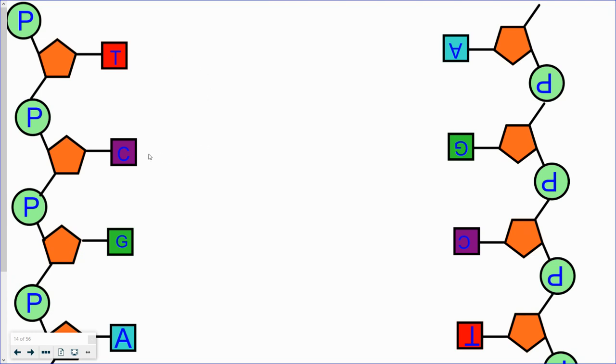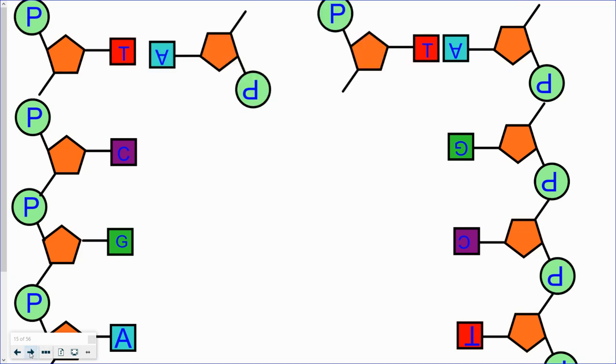And over here, I'm going to need a guanine. Since this is guanine here, I'm going to need a cytosine to come in. And for this side, I'm going to need a thymine. And of course, I'm going to need the same nucleotides to come in on this side to make another strand that is identical. Let's take a look.